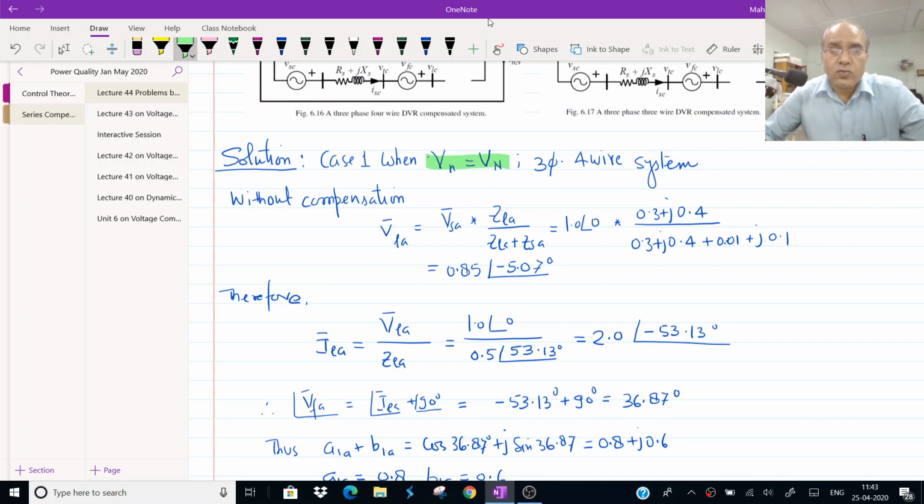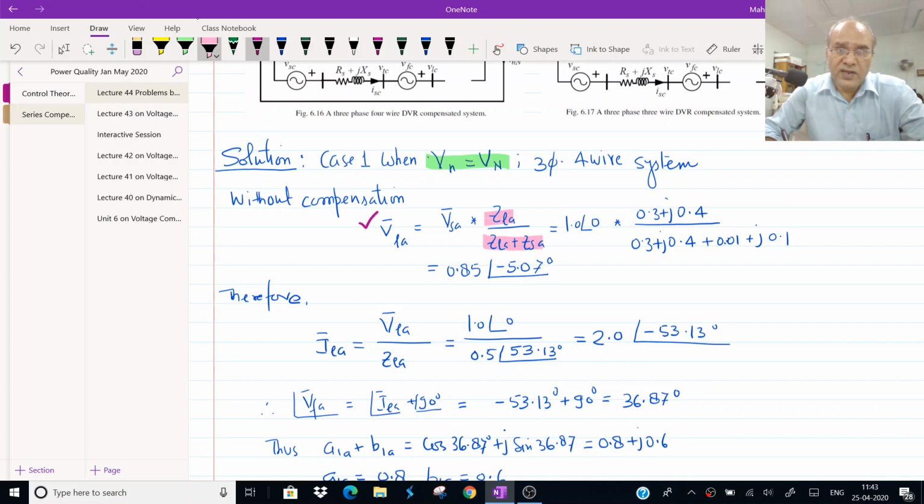If there is no compensation, that is without DVR, then we can find out the load voltage and see what the situation is. The load voltage can be found by this expression: VLA is equal to VSA times ZLA divided by ZLA plus ZSA, because the voltage is divided between the impedances for a given VSA.